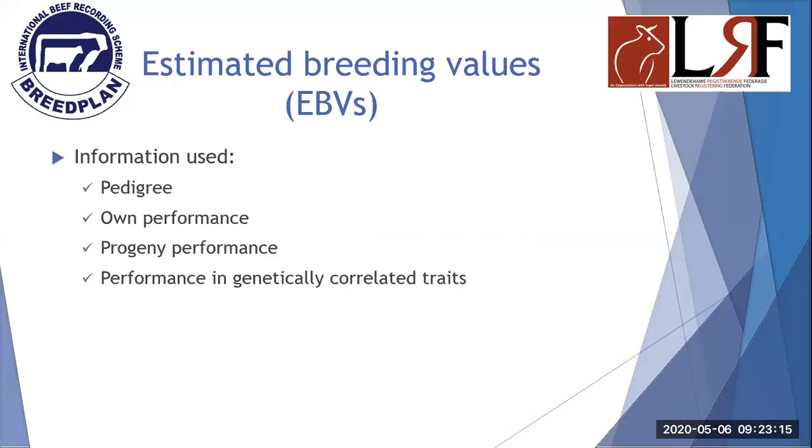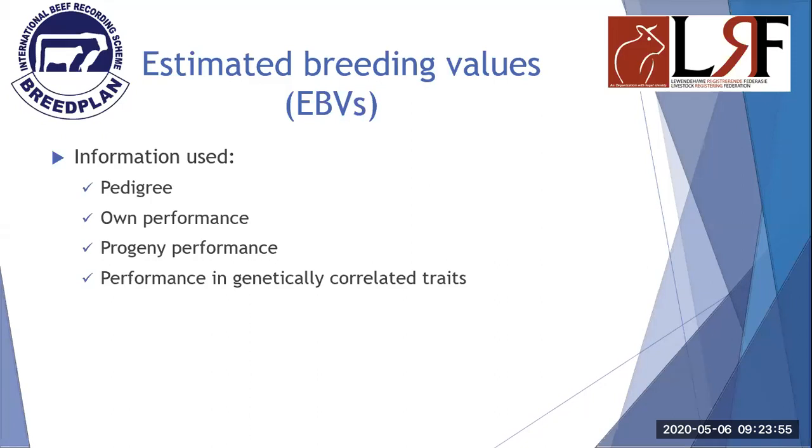But they also include other information within the calculation. So they look at the pedigree information, the performance of his father and his mother and his grandfather, etc. All the related animals, his own performance when he's old enough to be measured for the trait. Then when he has progeny, and their performance is also recorded, those measurements are also included within the calculation, and also the performance in genetically correlated traits.